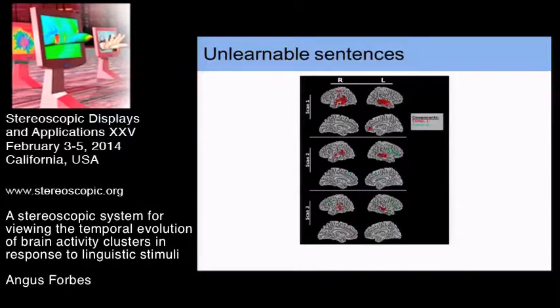And I guess they expected that in certain regions they know are associated with language, those would light up. But in fact, they didn't light up. And in fact, the brain activity got less and less as the learning tasks went on, which maybe, the way they interpret that is that the brain didn't know what to do with these ungrammatical sentences, wasn't able to learn from it, and so basically gave up trying.